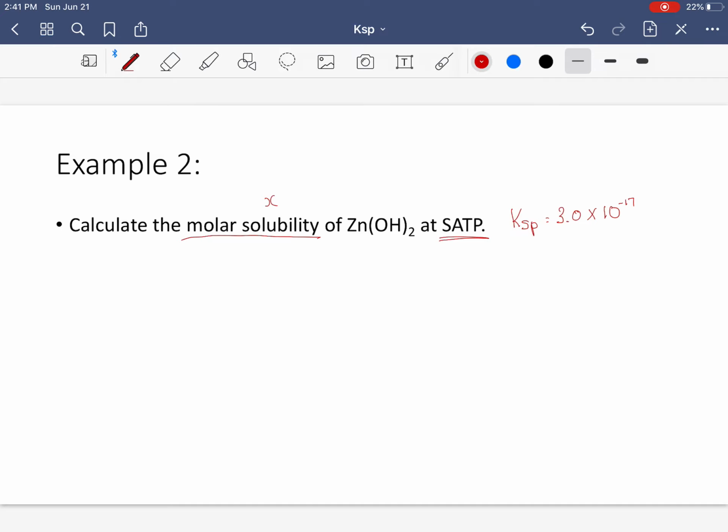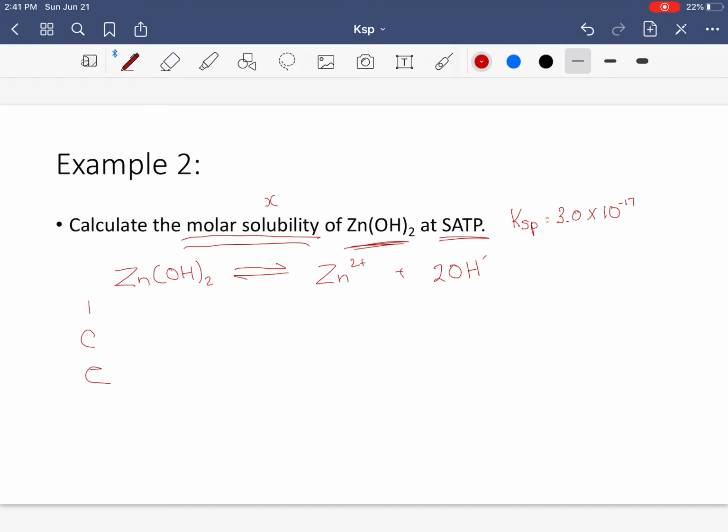So this time I want to look for molar solubility. I want to know what is the saturation point where I can't dissolve this anymore. So hey, let's do this. We know that zinc hydroxide dissociates to give you zinc 2 plus and 2 hydroxide ions.